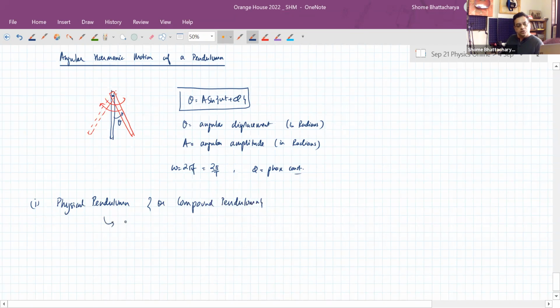So it performs angular harmonic motion for small amplitudes. Just make a note of this, then we'll discuss further.